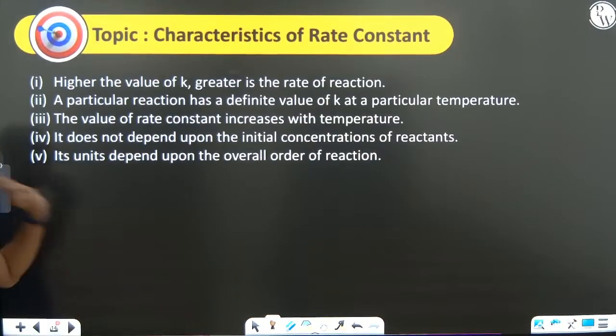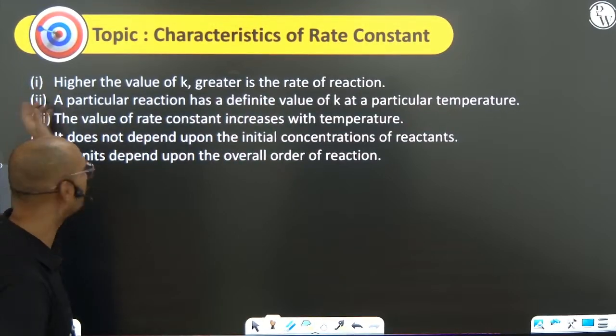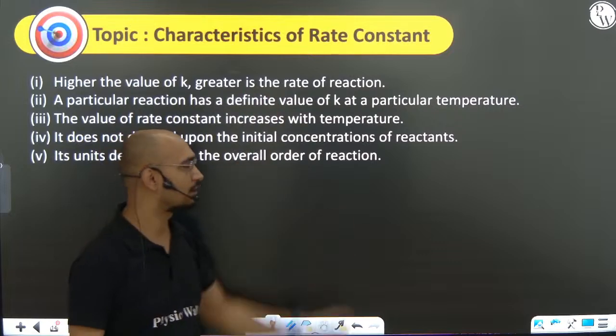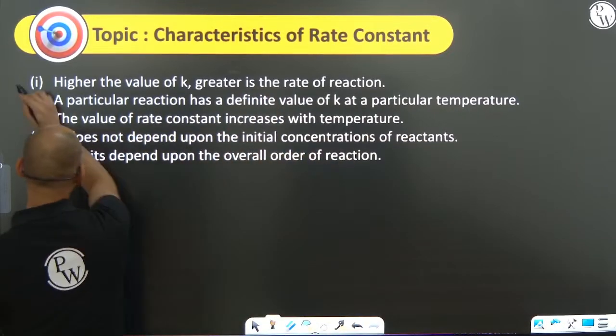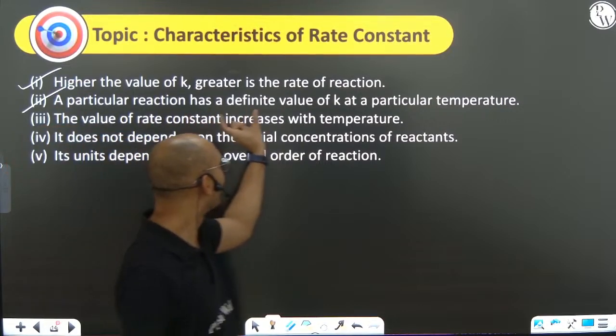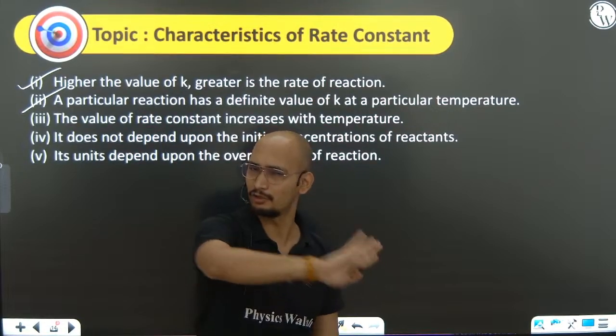Okay, any doubt? Characteristics of rate constant: what it depends on, what it does not depend on. Higher the value of K, greater the rate of reaction. A particular reaction has a definite value of K at a particular temperature. If you do not change the temperature, K is not going to change.